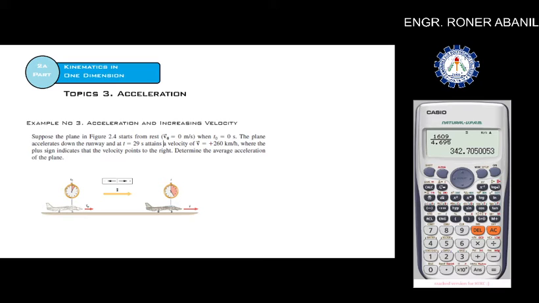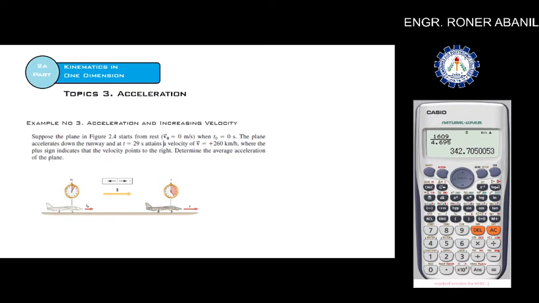The plane accelerates down the runway and at t equals 29 seconds attains a velocity of +260 kilometers per hour, where the plus sign indicates the velocity points to the right. Determine the average acceleration of the plane. Okay?